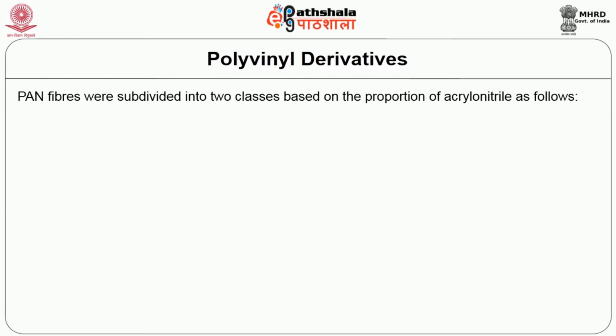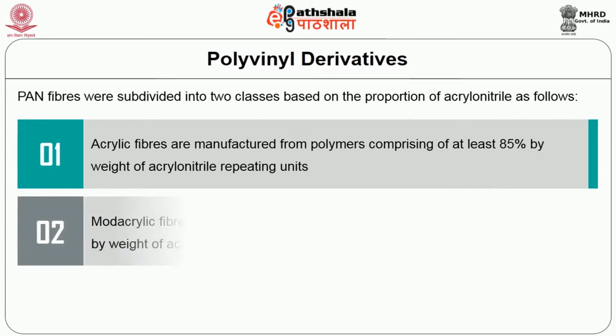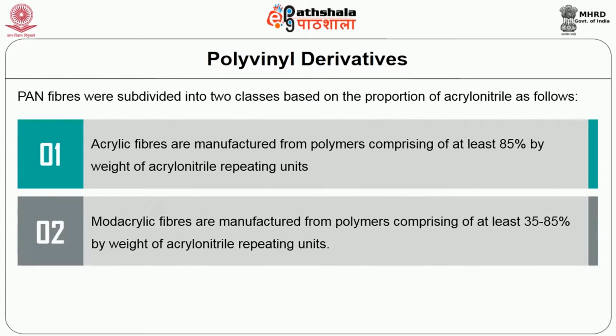Polyacrylonitrile fibers are subdivided into two classes based on the properties of acrylonitrile. Acrylic fibers are manufactured from polymers comprising at least 85% by weight of acrylonitrile repeating units. Modacrylic fibers are materials manufactured from polymers comprising 35 to 85% by weight of acrylonitrile repeating units.